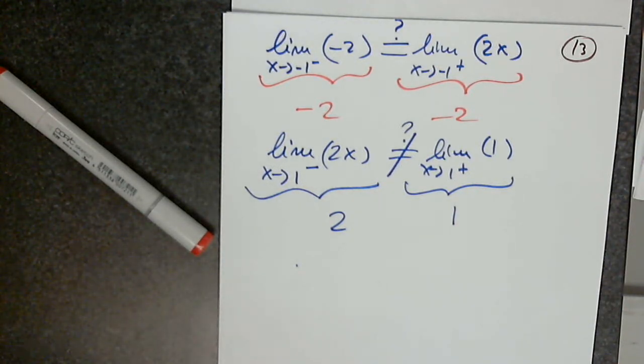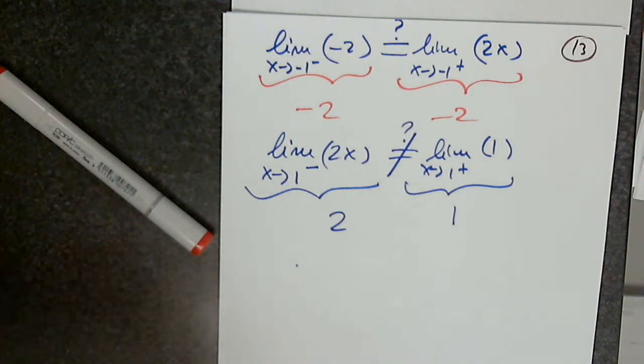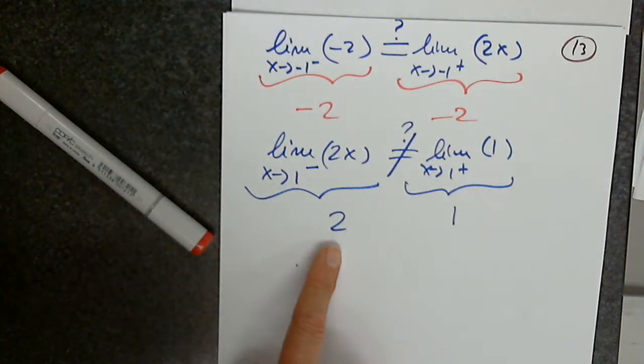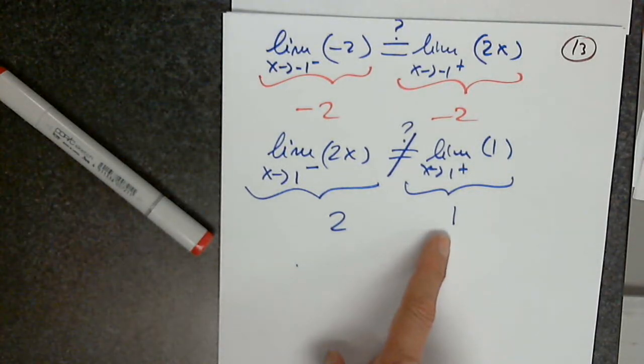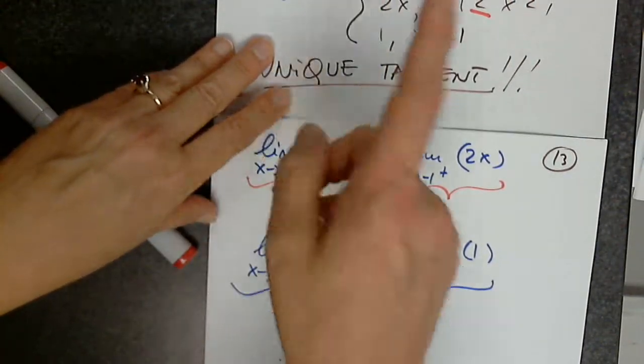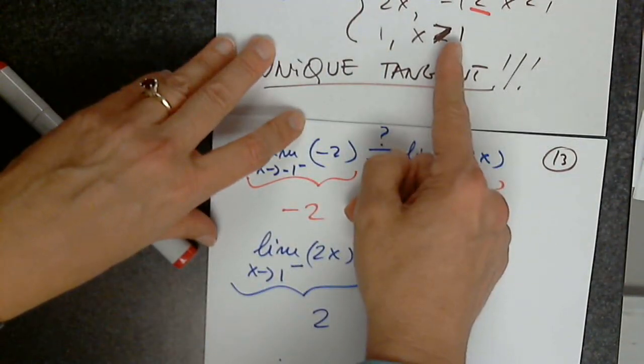So when we get the chance to graph the derivative, there will be a jump in the derivative, not in the function. There will be a jump because the left-hand side is 2 and the right-hand side is 1. So the derivative is not continuous at 1.